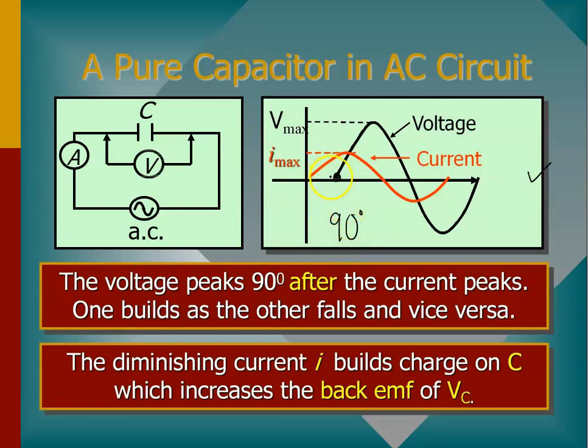At this point, the current starts at 0 and increases until one point, where the voltage just starts up. So in this graph, we say the current is leading the voltage by 90 degrees.